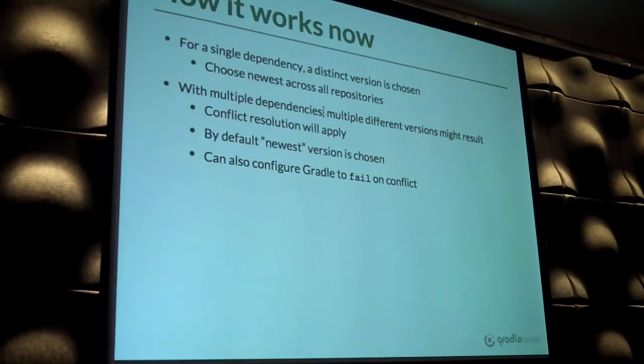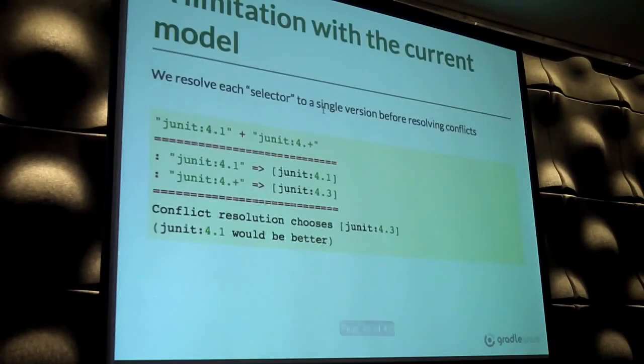There are some limitations to the way it currently works, which can affect how people understand what's going on. I want to talk about a use case here. The conflict resolution process doesn't have access to what you originally asked for. It has access to the result of resolving those things.